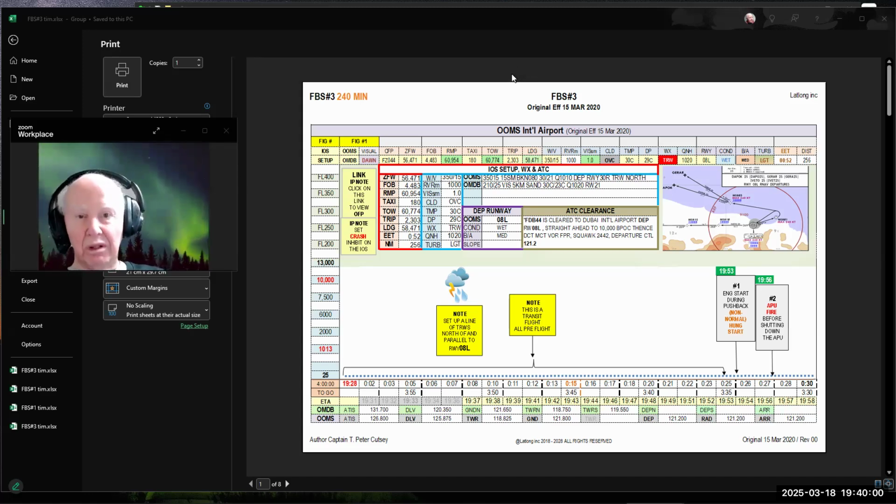This is a sample of what one airline does in the world, and it worked well for them, and it would work well for you.